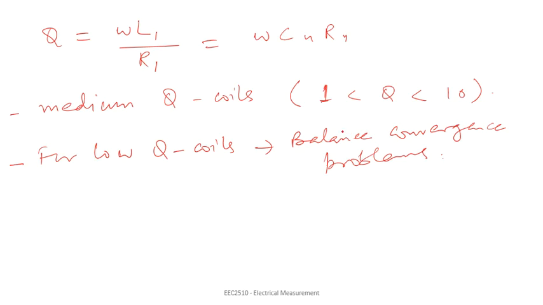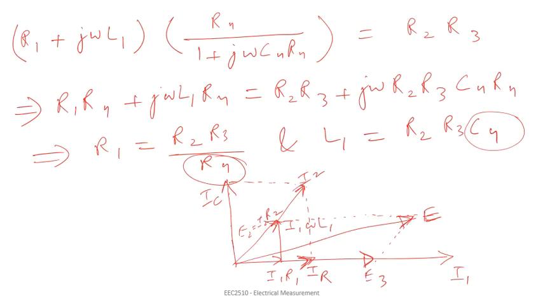As we can see from the unknown parameters equation, R1 and L1, adjustment for the inductive balance by R2 will upset the resistive balance by R4.